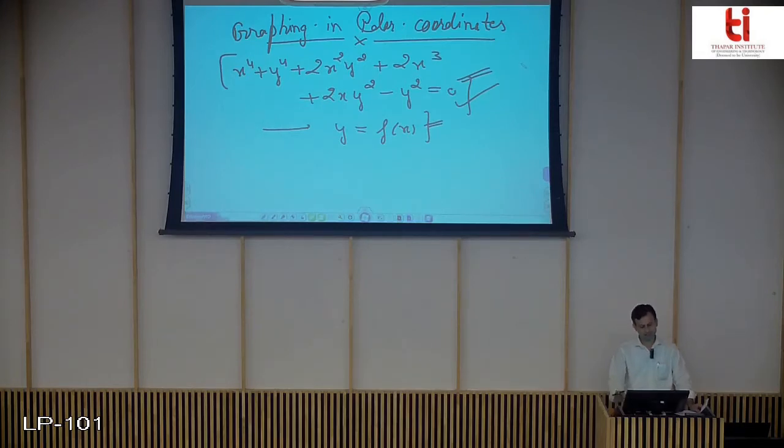Second, the usual method of graphing will not work here, because the usual methods that we study are based upon the explicit form y equals f(x). Even if we have some other method, like putting in the values of some points, it is going to be difficult to plot this curve.